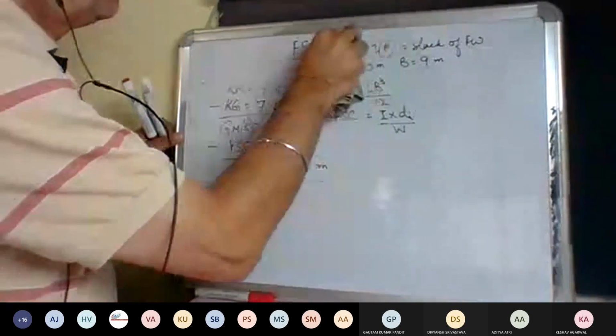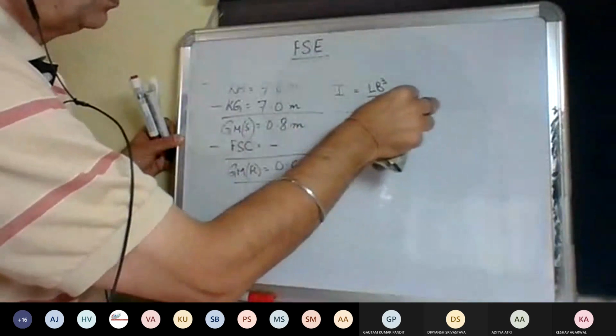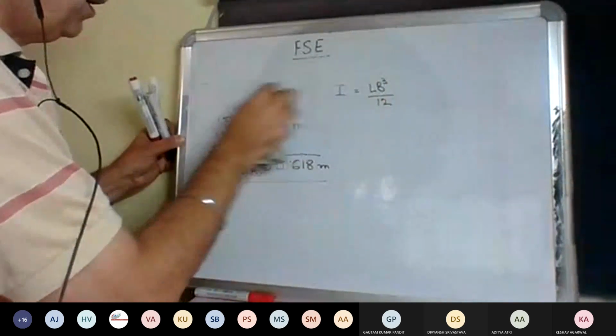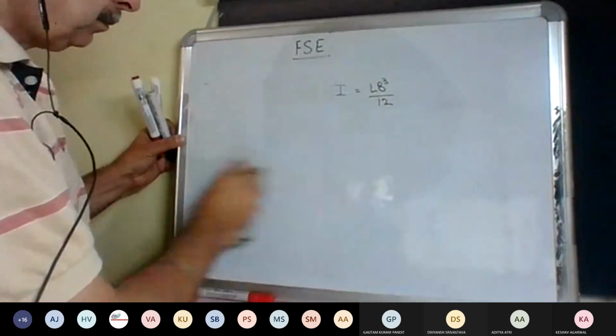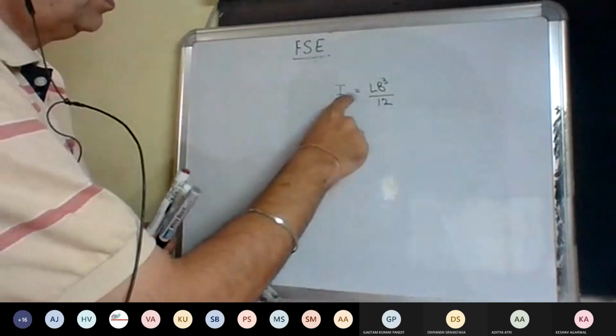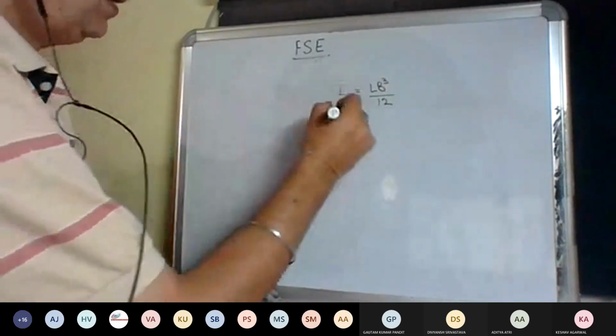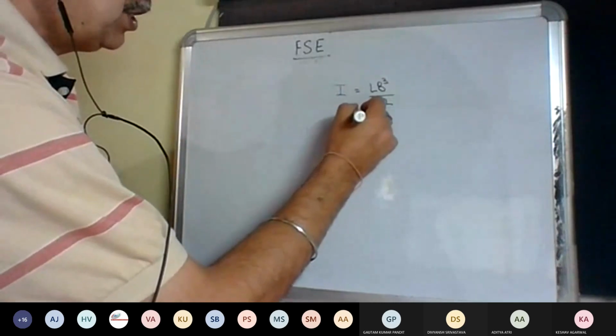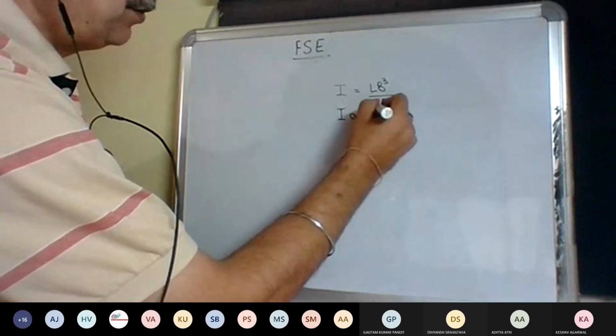So basically we saw that the moment of inertia I is in the numerator, and I is LB cube by 12. That means moment of inertia is directly proportional to breadth cube.